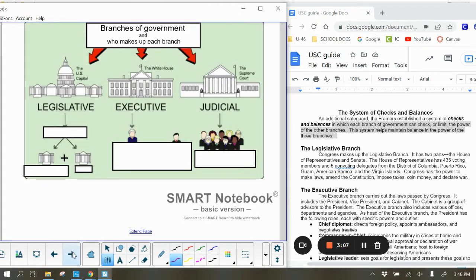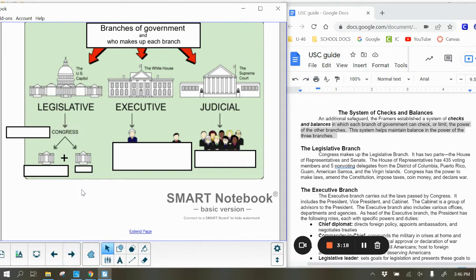So the first one that we want to complete is the legislative branch. And what we need to know is who makes up each branch of government. So the legislative branch at this point, we should all know, is Congress. But you should also know that Congress is made up of the House of Representatives and the Senate. So once again, I will show you on your flowchart.